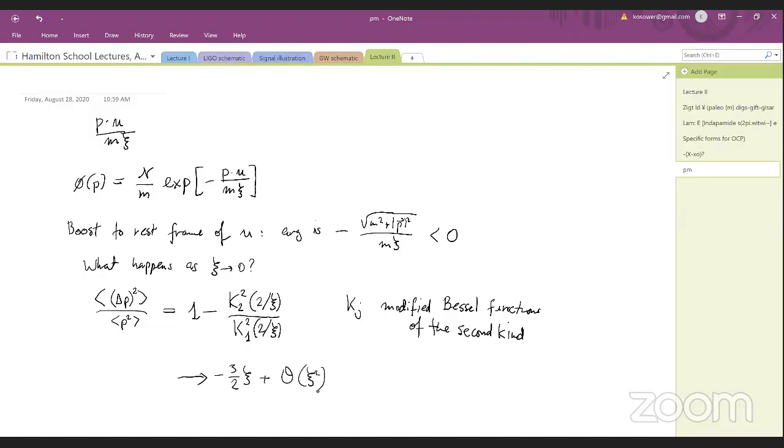So we see indeed that the spread of this wave function in momentum space is narrowing as we go to the limit. So in fact, this is a suggested exercise. Obviously, there'll be no corrections. So do this calculation explicitly.